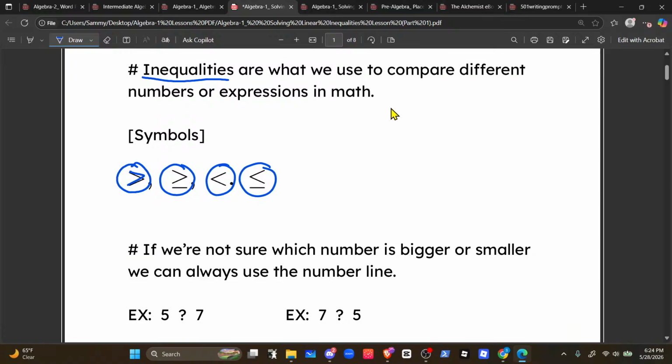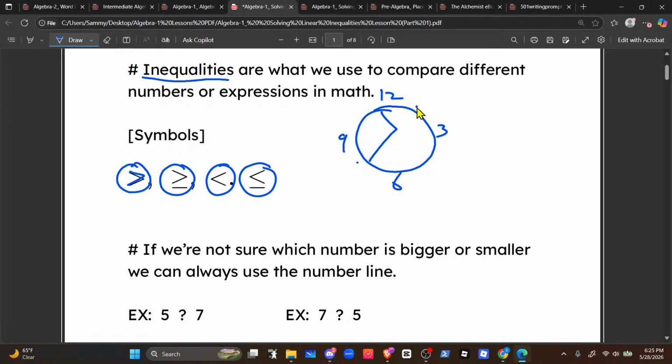And if you have trouble remembering this, you can think of the face of a clock. So we have 12 o'clock, 3 o'clock, 6 o'clock, 9 o'clock. And notice how all the larger numbers are on the left side. So if your inequality symbol opens up to the left, it would be greater than or equal to.